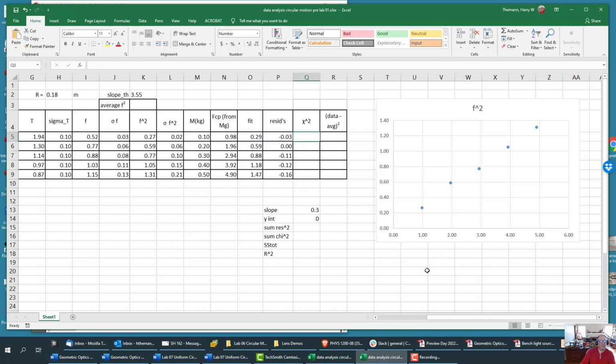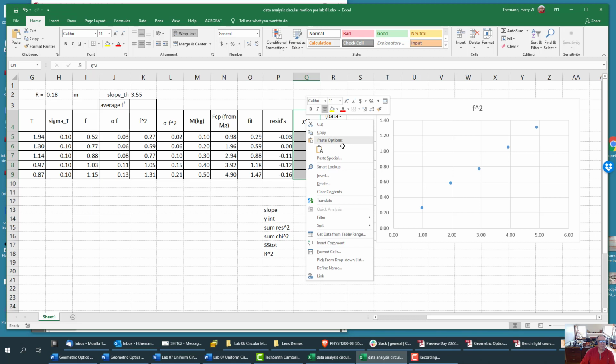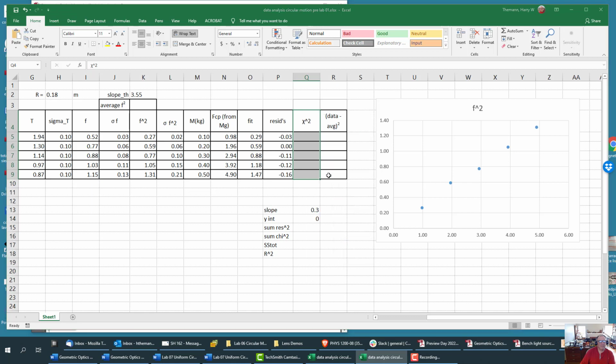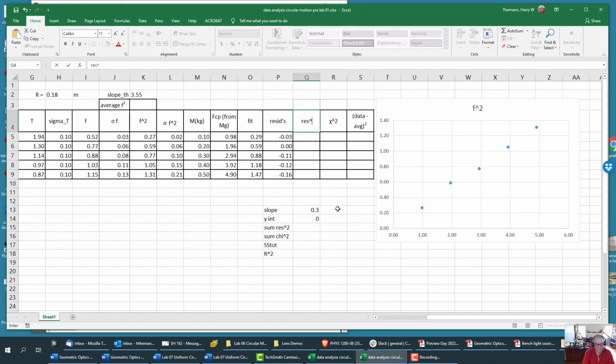And of course the chi-square is just equal to the residual. Oh, excuse me, we do need another column. So I insert, shift cells to the right. There we go. We need the res squared. This equals that squared. It's pretty good.